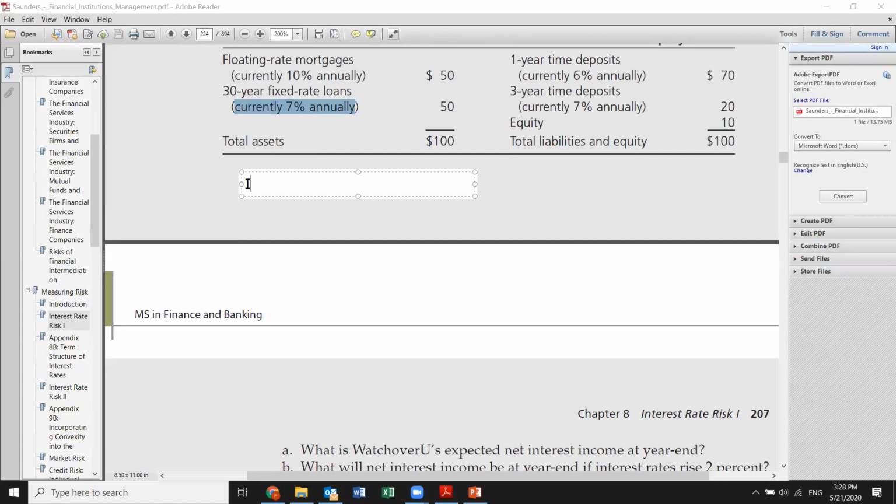Interest income is equal to 50 million times 0.10 plus 50 million times 0.07.